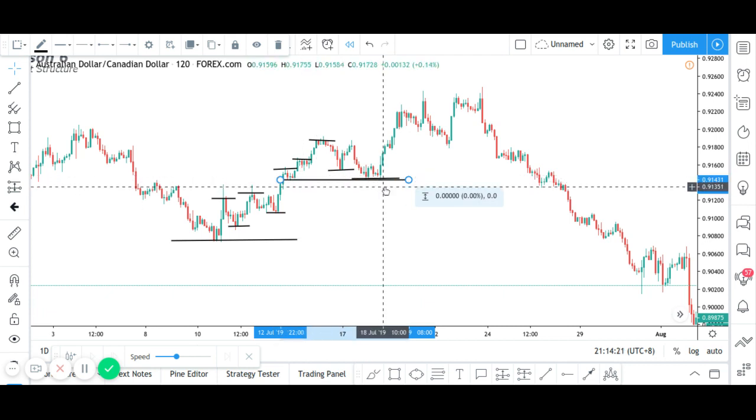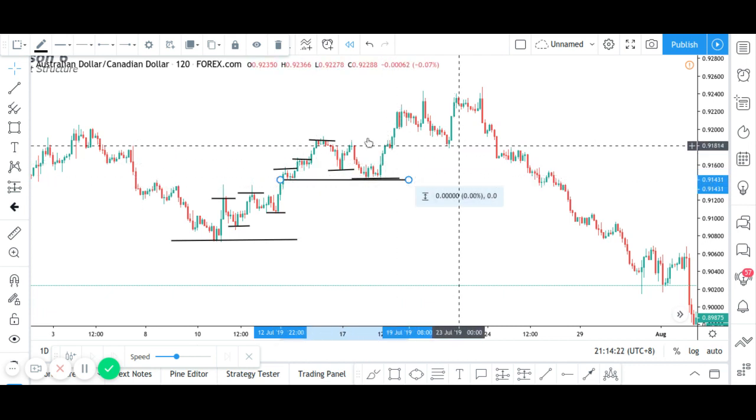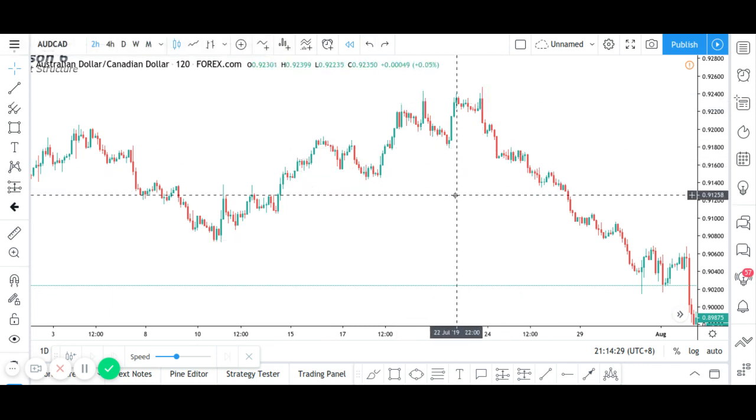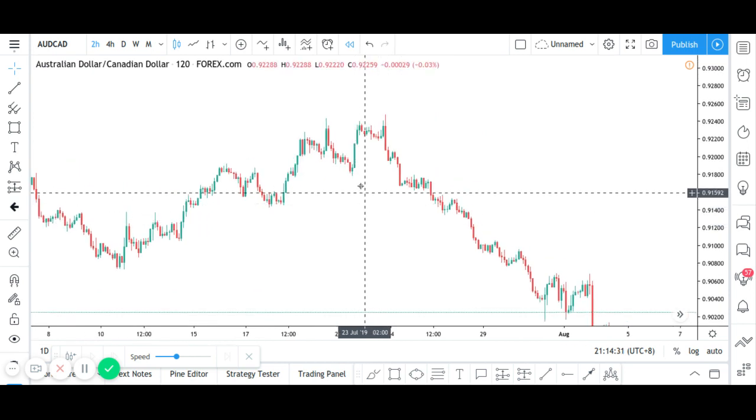Okay, so once we've had that, we can see that the market is definitely in an uptrend or in a bullish sequence.